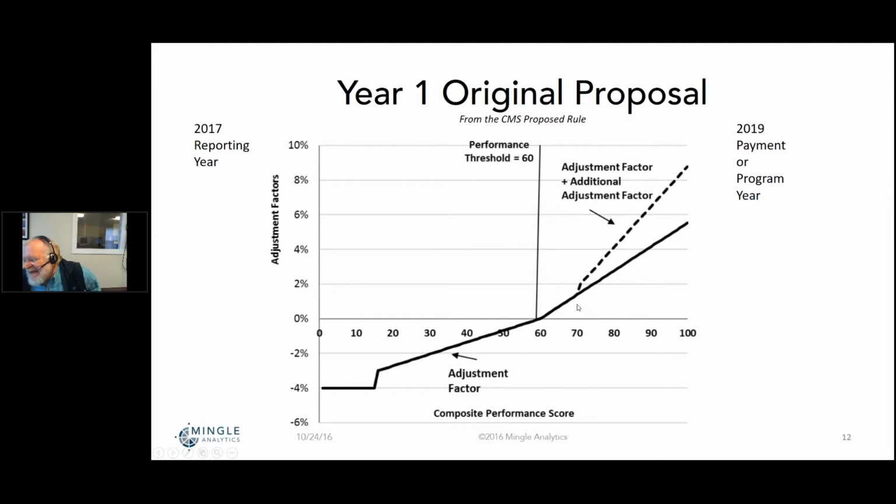So even with topped-out measures, where a topped-out measure couldn't get you to the incentive range in quality tiering, a topped-out measure can get you there, because at a composite score of 60, you're starting to get into the incentive range, and every little change beyond that gets you a little bit more.